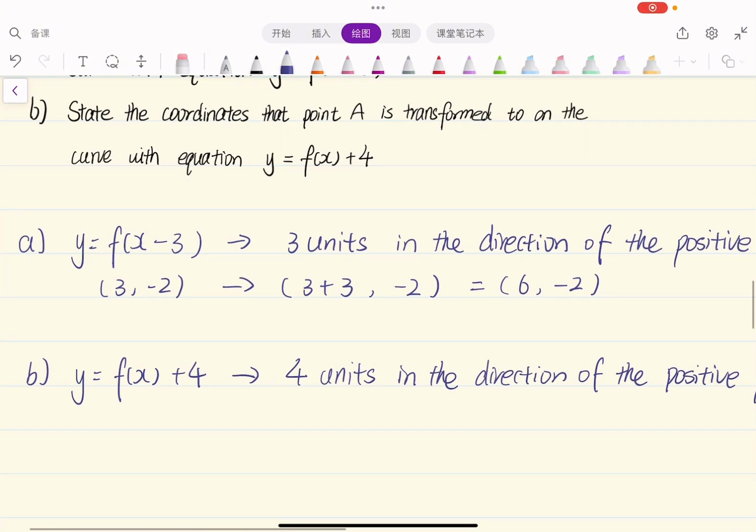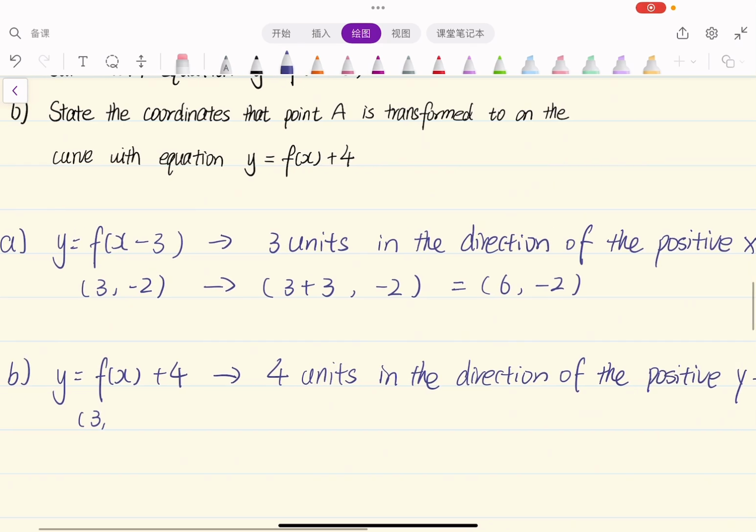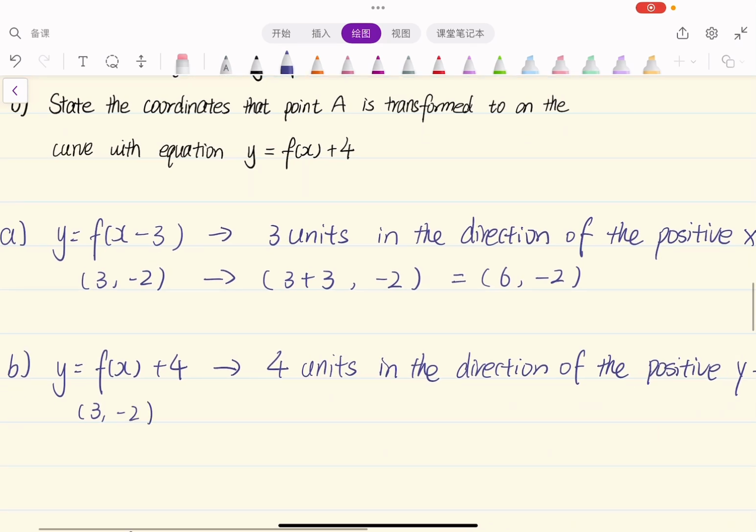Similarly, the point also moves 4 units in the direction of the positive y-axis. So (3, minus 2) becomes, the x-coordinate does not change, so keep 3, and minus 2 plus 4 equals 2, so (3, 2). That is the new point.